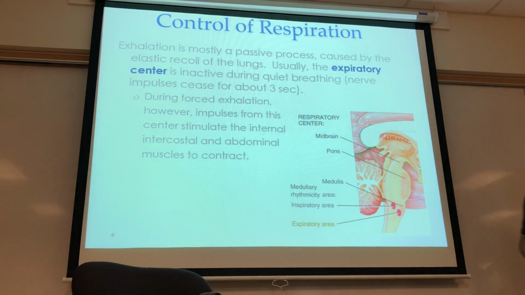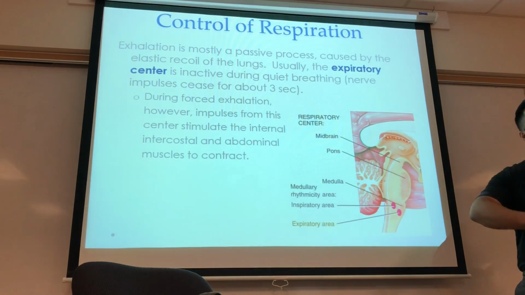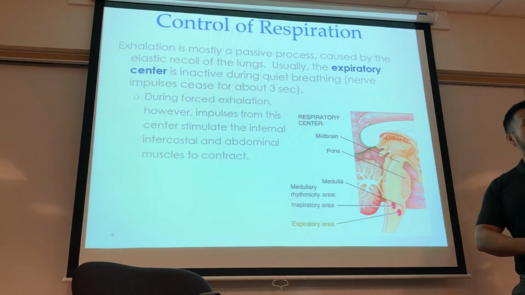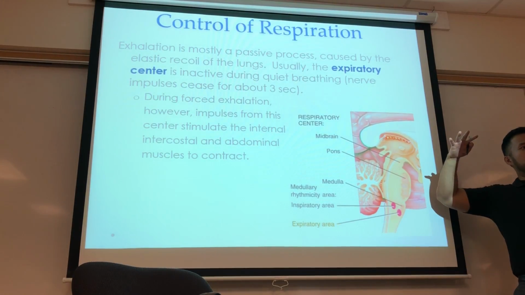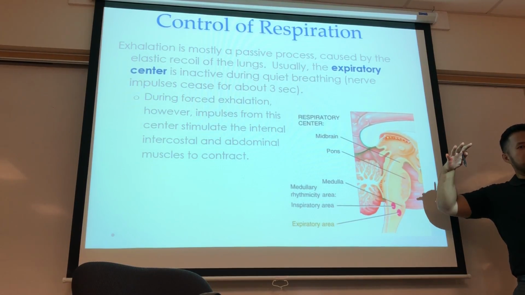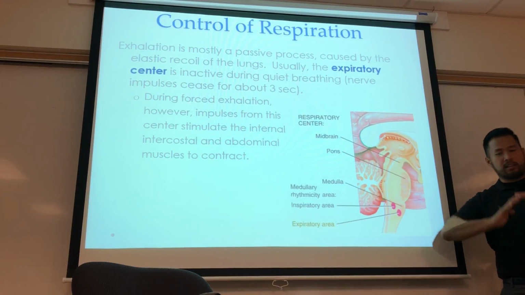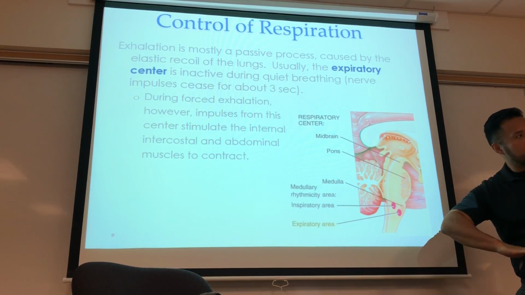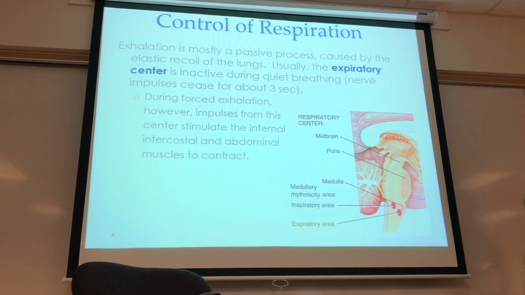We rely on the elastic recoil of the chest wall. We've expanded the lungs during inhalation, and we just passively let them squeeze down. When the diaphragm relaxes, you get compression of the thoracic volume that releases air out.